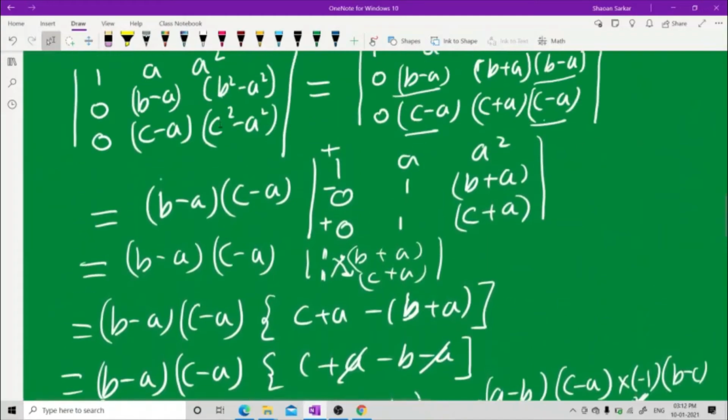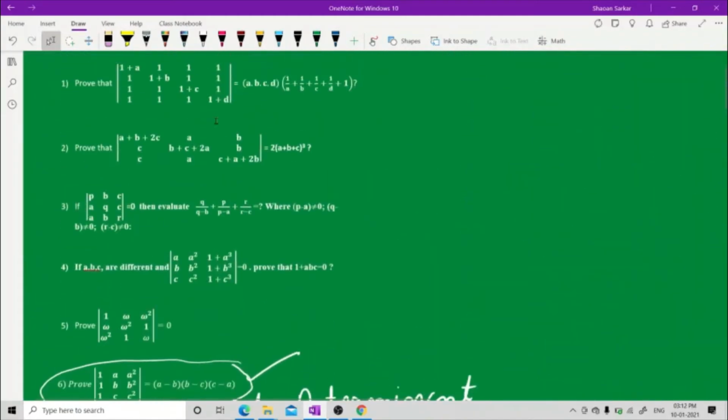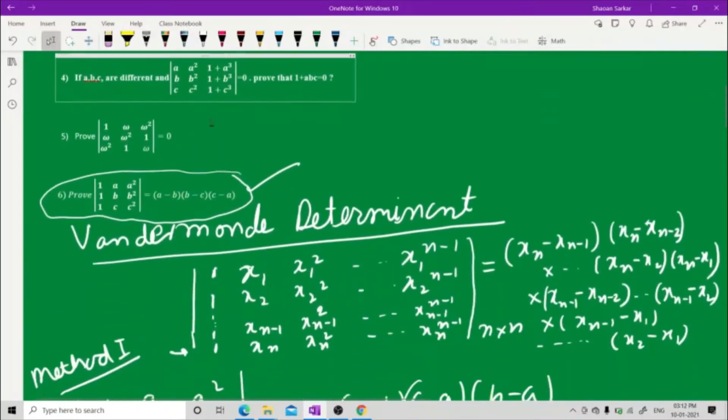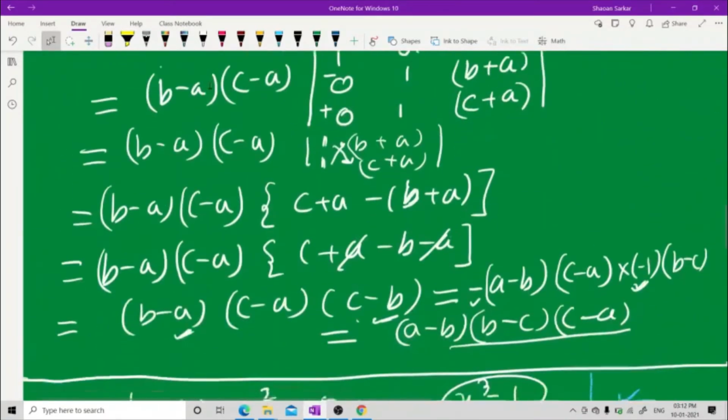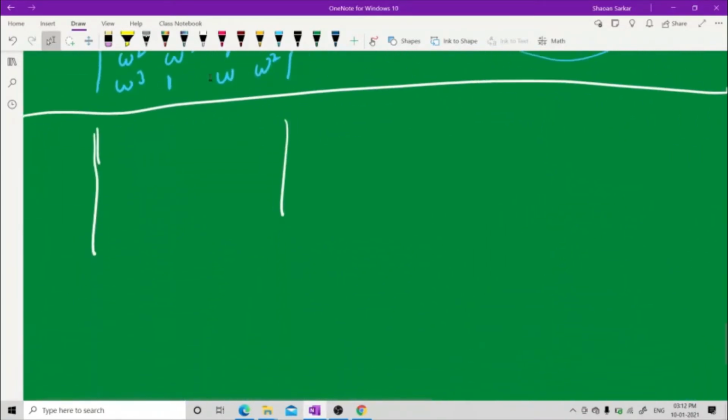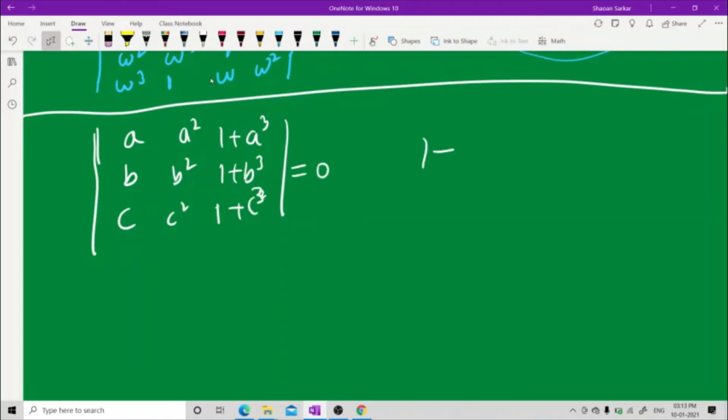The determinant was a, b, c, a square, b square, c square, and then 1 plus a cube, 1 plus b cube, and 1 plus c cube. This was given to be 0. I had to prove 1 plus abc is equal to 0.